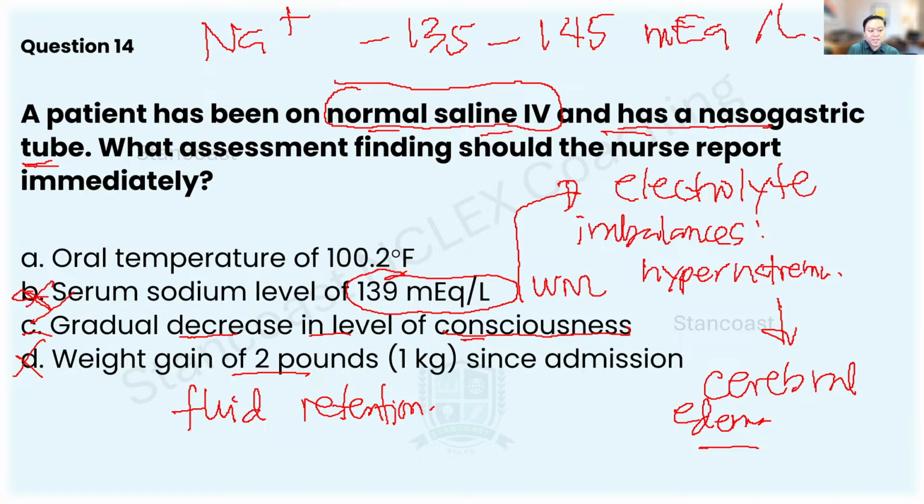So take this one away, letter B. If you had answered letter A, oral temperature of 100.2 degrees Fahrenheit, that is considered a slight fever, but will it call for an immediate reporting? Of course not. Slightly elevated, it doesn't require immediate reporting. We have to deal with those manifestations that can be much more life-threatening, especially brain function.